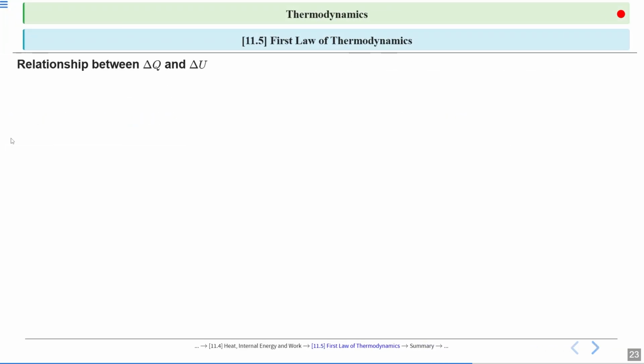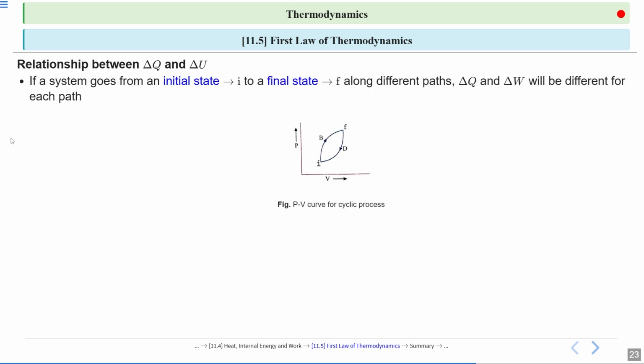Relationship between delta Q and delta U, heat supplied and change in internal energy. If a system goes from initial state I to final state F, as in the figure here, a PV curve for a cyclic process along different paths, path B and path D, then delta Q and delta W will be different for each process.